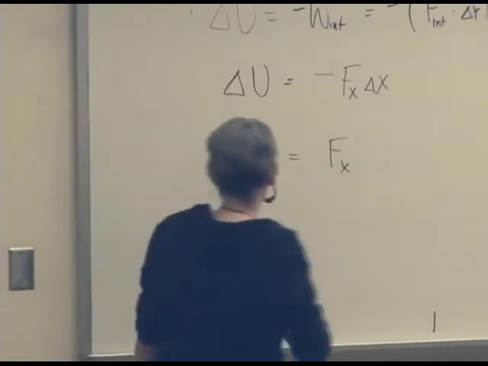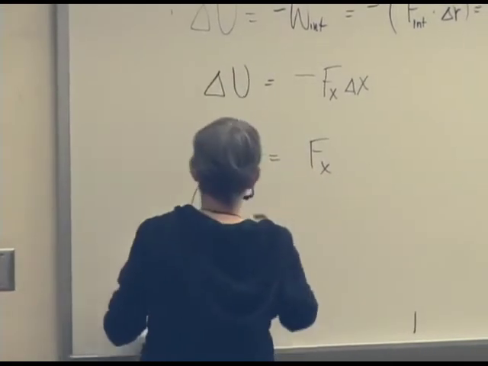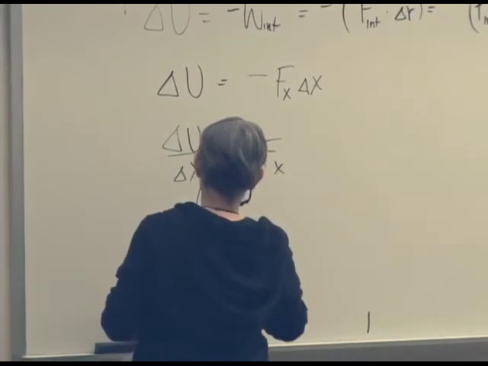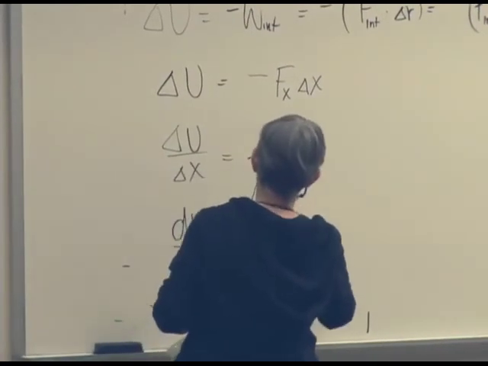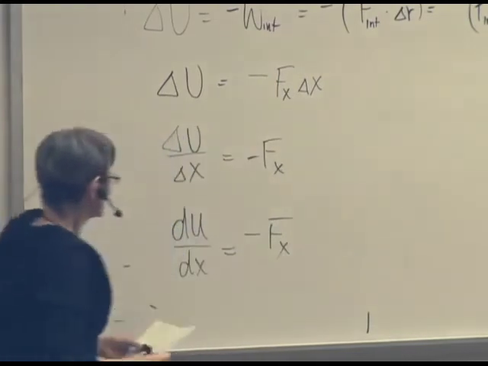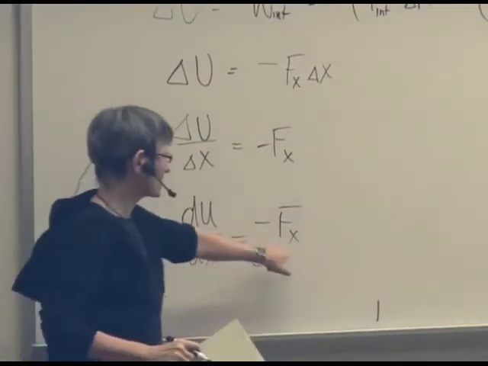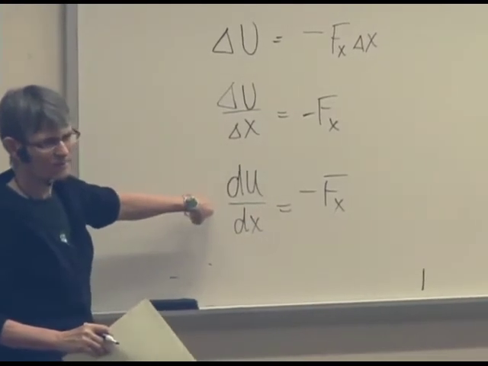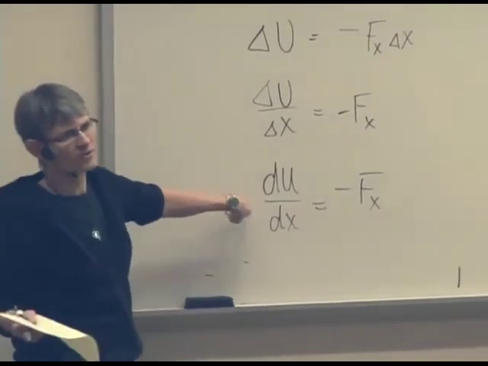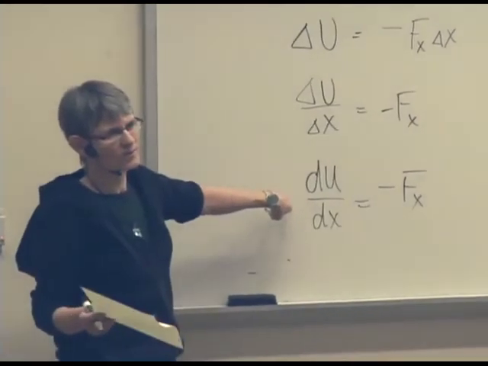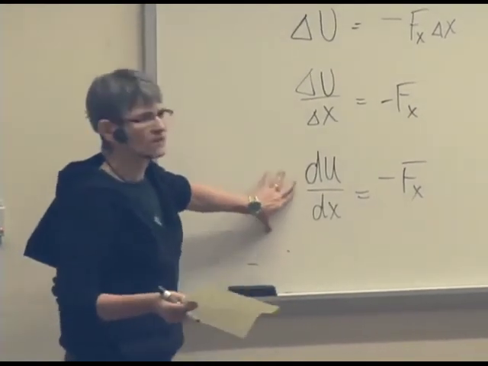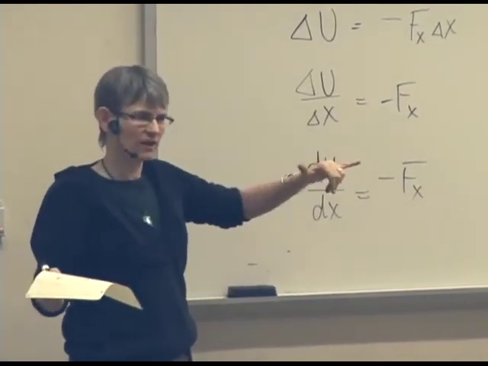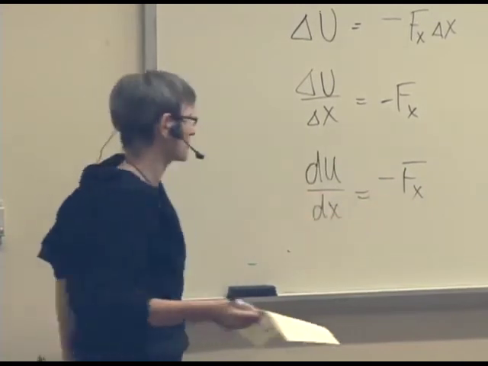So not surprisingly, we could write this as dU/dx is minus Fx. So the force is actually the negative gradient of the potential energy. Gradient is a derivative with respect to position, not with respect to time. So if there's something that's a function of position, you differentiate with respect to position, you're taking the gradient. You're seeing how it changes with position.